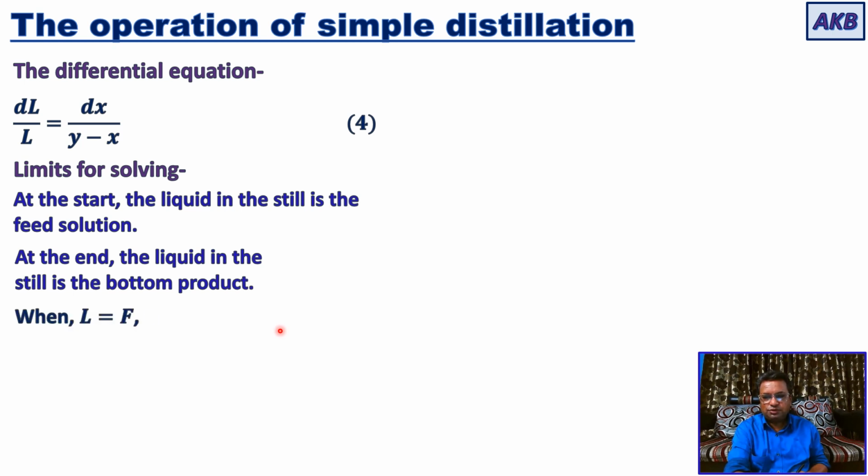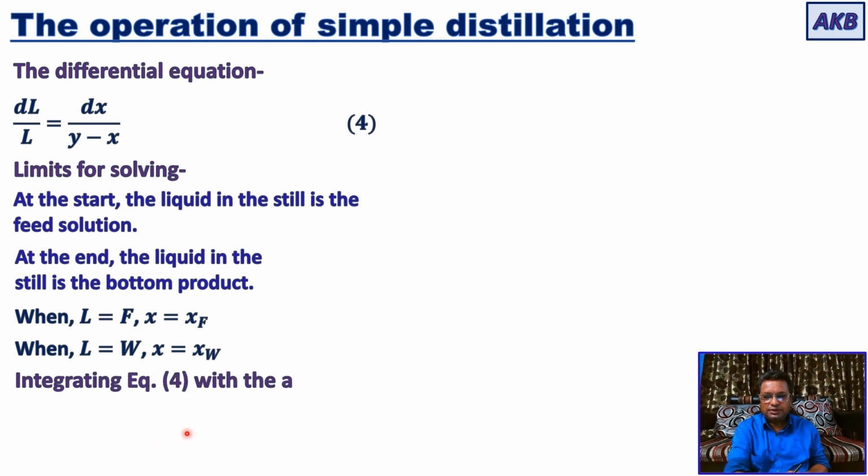Mathematically, at the start, when liquid in the still is feed, x is xf, the feed composition, and at the end, when liquid gets transformed to the bottom product W, the composition also gets transformed to xw. So the limits are: at L is equal to F, x is xf, and at L is equal to W, x is xw.